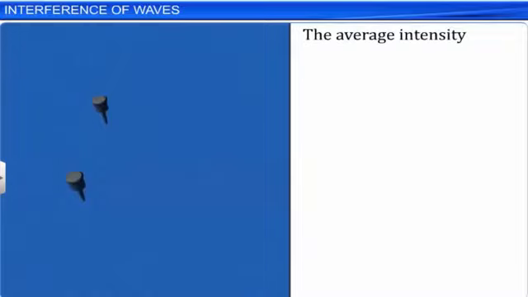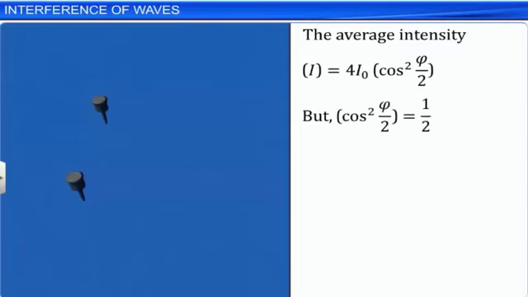But we know that if phi of t varies randomly with time, the time-averaged value of cos square phi by 2 is equal to 1 by 2. In such cases, the resultant intensity is given by I is equal to 2I0. That means the two intensities are just added up. So we need coherent sources to produce a stable interference pattern.